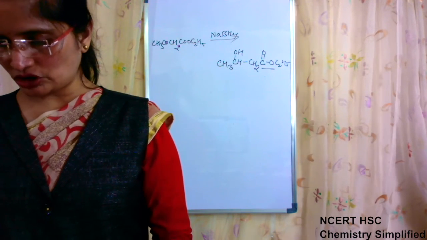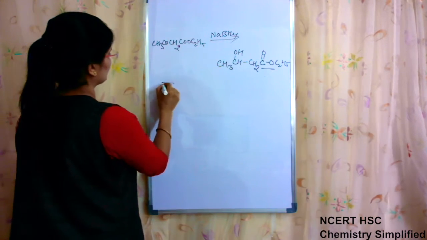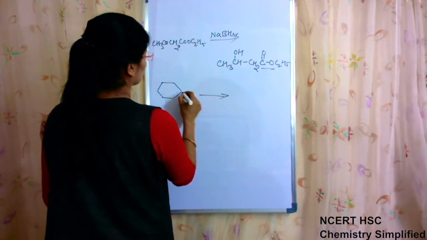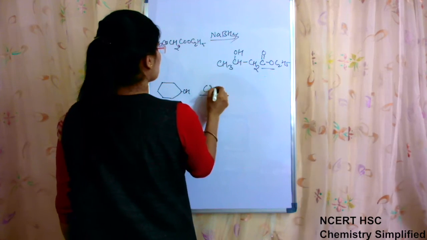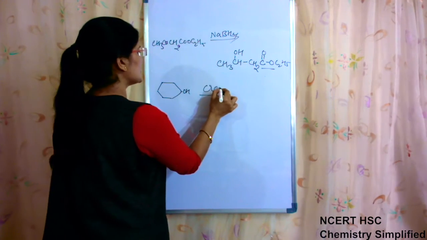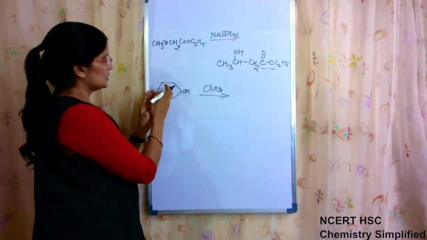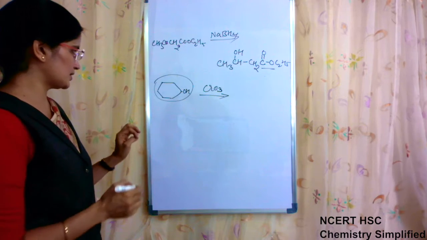Last, one more question we do. CrO3. If the oxidizing agent used in this is CrO3, note this is not a benzene ring. It is simple cyclohexanol.